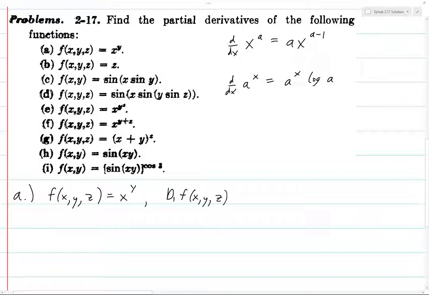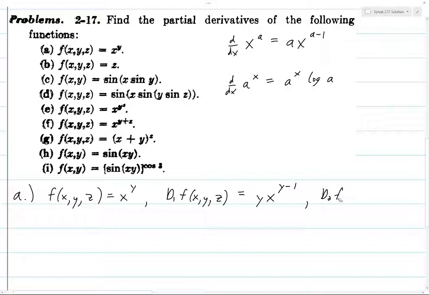The 1 means the first coordinate, so we're taking the partial derivative with respect to x. y is a constant, which means it's like the first scenario I have up here, where you just bring down the exponent and subtract 1. So we're going to end up with y times x to the power of y minus 1. This example is actually already given in the chapter if you read through it. So we've got d1 of f equals this, and then d2 of f.